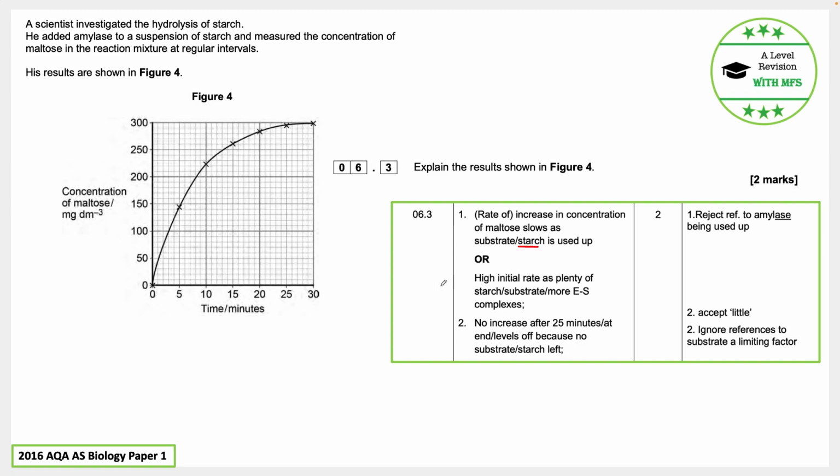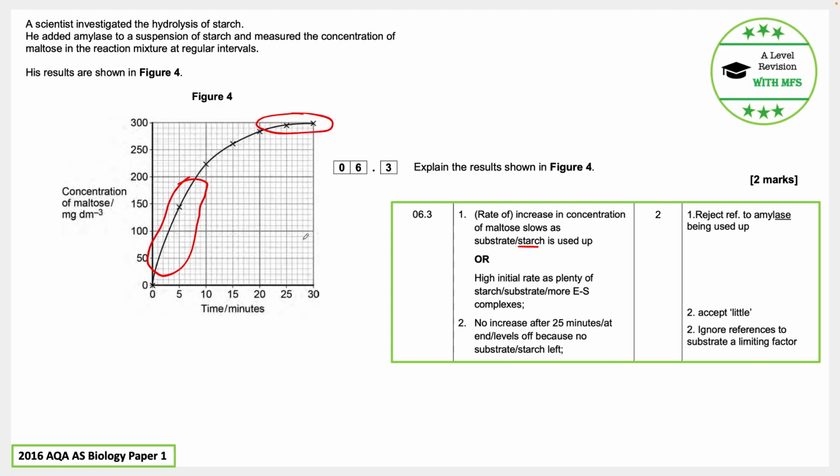Or you could have said that there is a high initial rate as plenty of starch or more enzyme substrate complexes can be formed. So we focused on this part of the graph. You could have also focused on this part of the graph and said that initially the rate of concentration of maltose being produced was really high as there was enough starch so more enzyme substrate complexes could be formed.